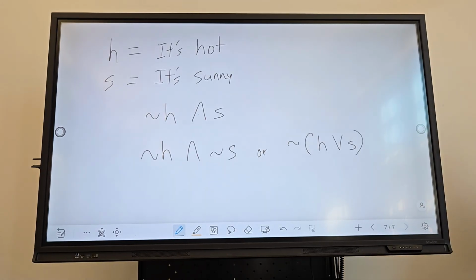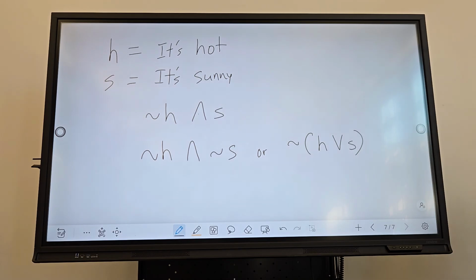What law? De Morgan's law. You've got to remember that. It's going to come up later on in this chapter.